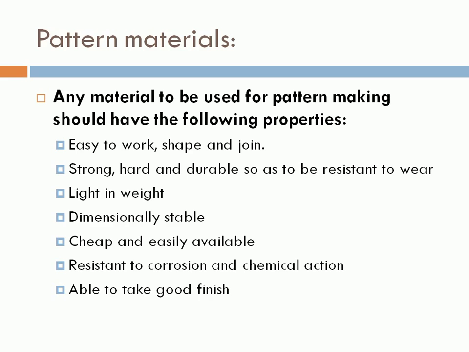It should be strong, hard and durable so as to be resistant to wear. It should be light in weight also. It should be dimensionally stable also. It should be cheap and easily available in the market also.